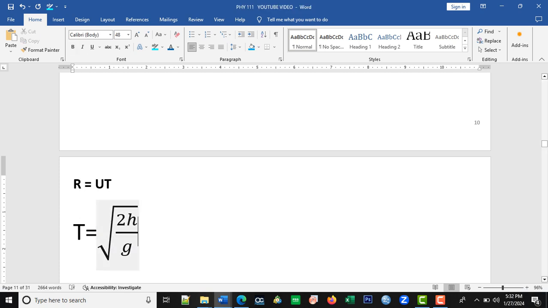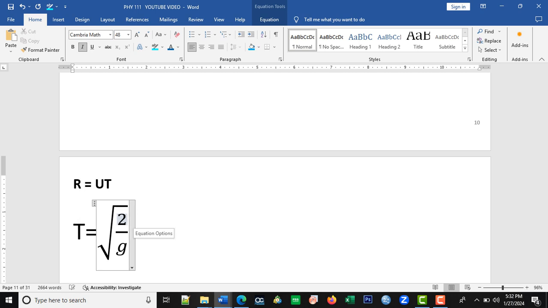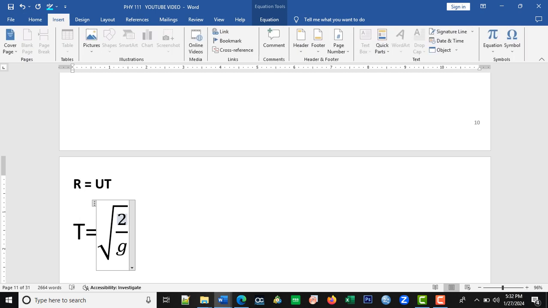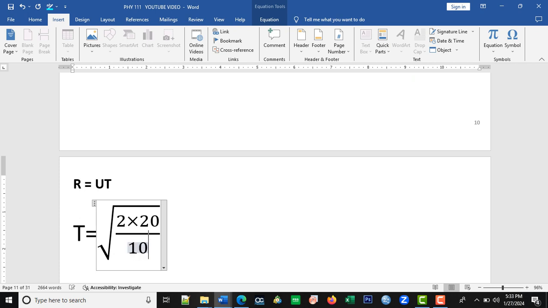So here, to save time, let me just edit. The height was 20. Two times the height all over 10, so g is 10. I put 10 here. 2 times 20 gives us 40.